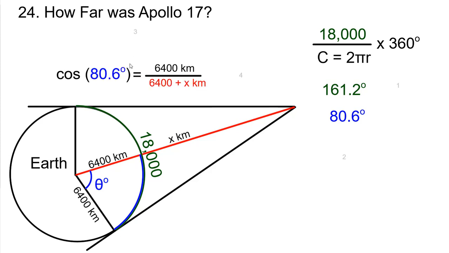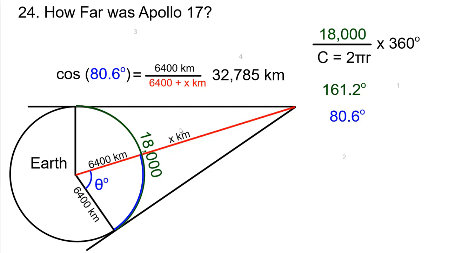In this case, I'm going to use the cosine of our angle, which is 80.6, equal to the adjacent side divided by the hypotenuse. At this point, we know this is equal to a ratio, and so we can solve. We would need to multiply 6,400 plus x to both sides and then do some math. I'm just going to skip all that and get you straight to the answer.